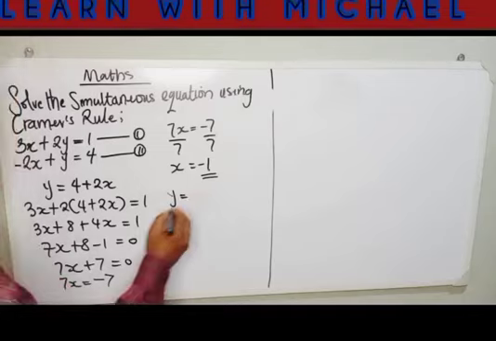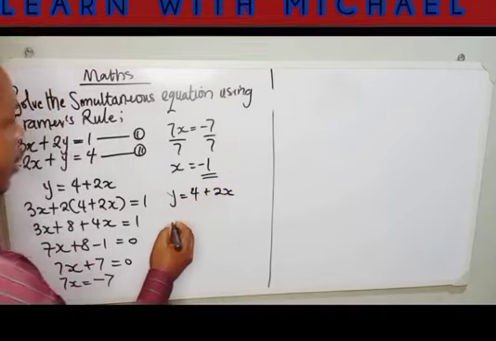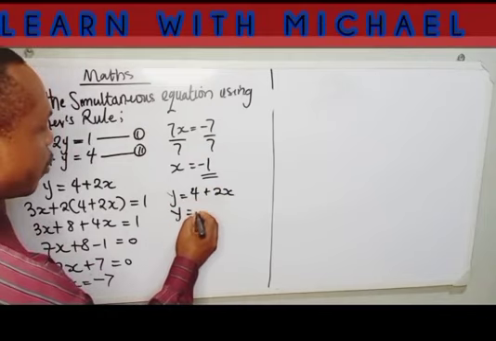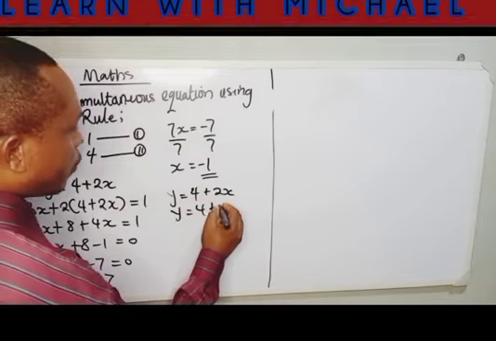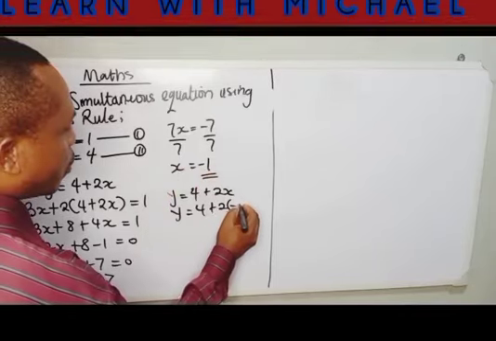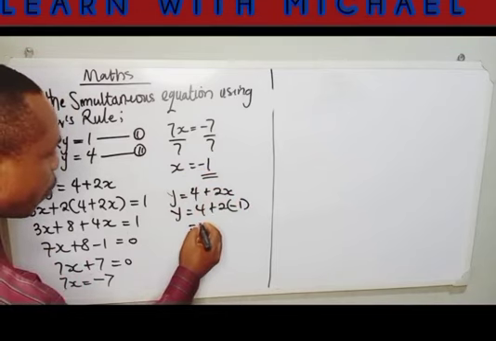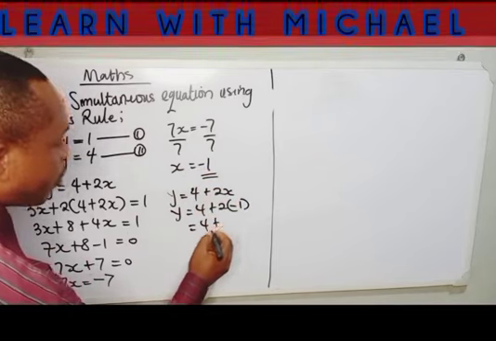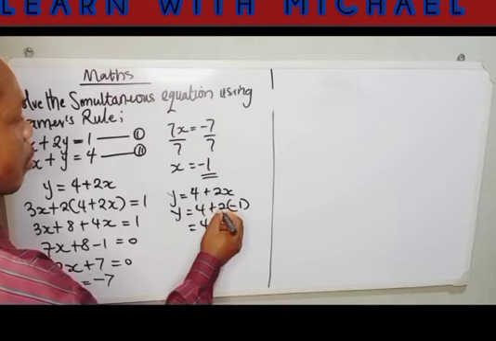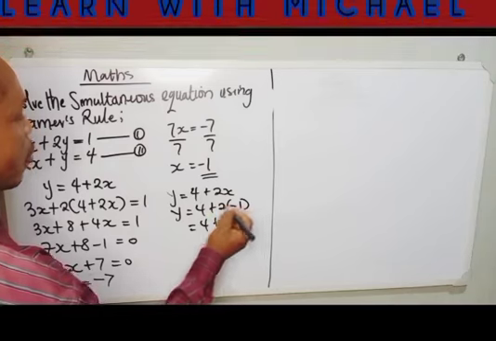y equals 4 plus 2x. Therefore, y is going to be 4 plus 2, all in brackets, and instead of x, I'm going to substitute minus 1 in place of x. That would mean 4 plus 2 times minus 1, which is going to give me minus 2.